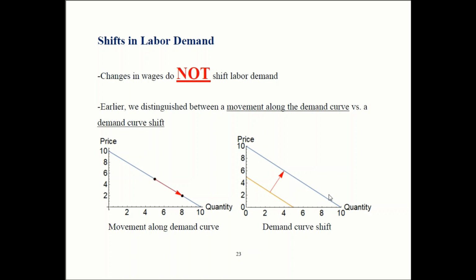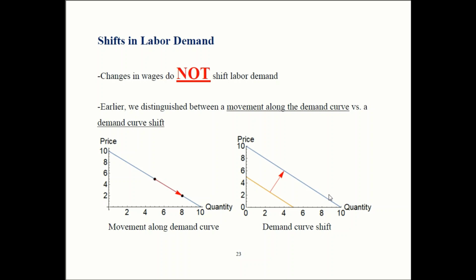Now, there's one trap to watch out for here. So your book is right that both cost changes and demand for the firm's product will shift labor demand. Now, one thing that does not shift labor demand is the wage. We talked about something very similar way back in chapter 3 when we talked about supply and demand.